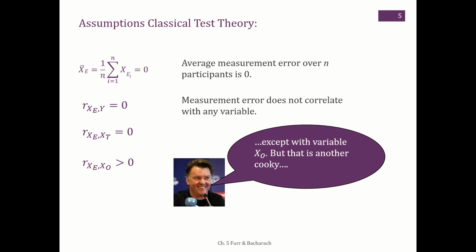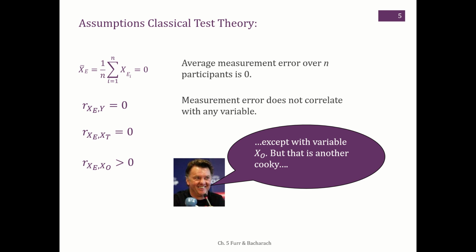The only thing, and it's a little bit lame to make this statement, but the only thing that measurement error is related to is its own observed score. That's a little bit lame, like I said, because according to classical test theory, the observed score is made up of true score and error.